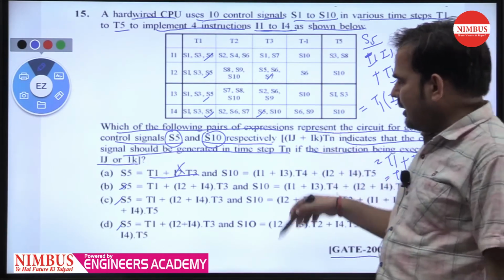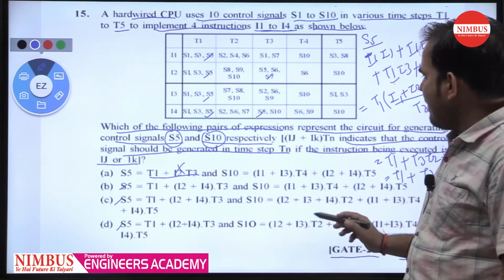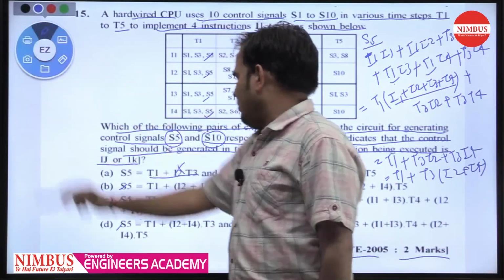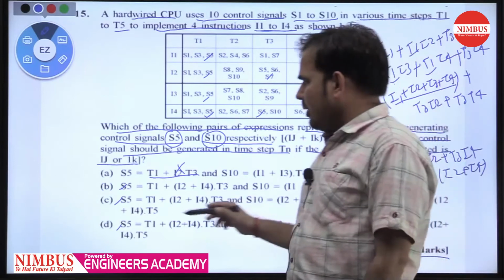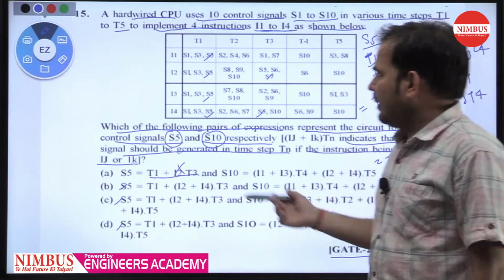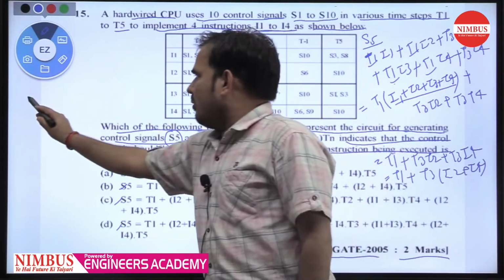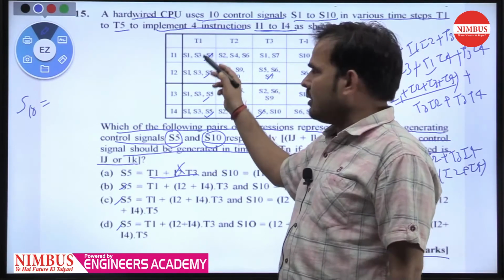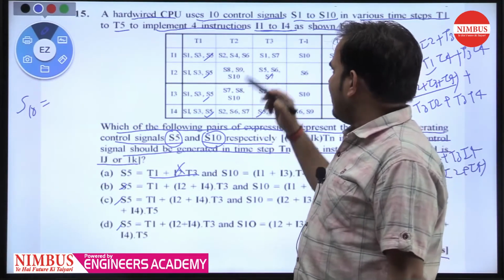We need to calculate this in the similar way for S10. Similar to S5 we will go for S10. First we need to see in I1 instruction where S10 is present.